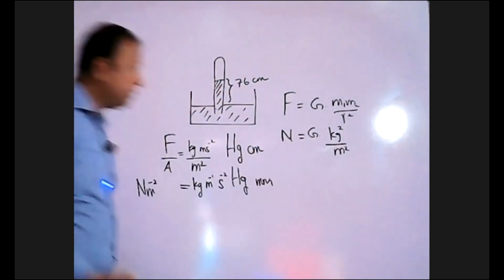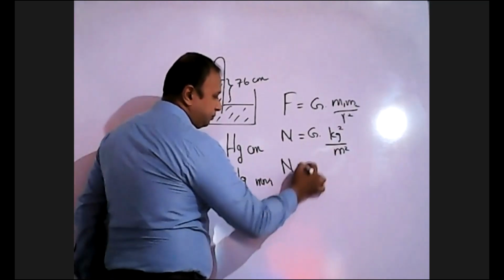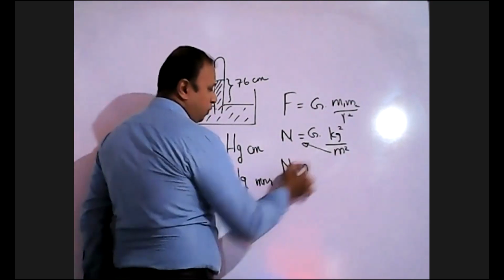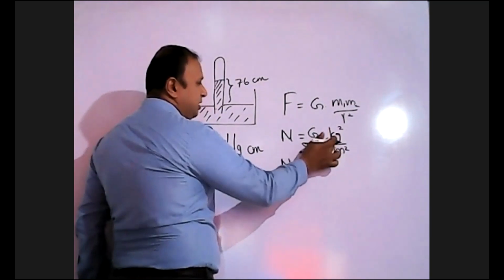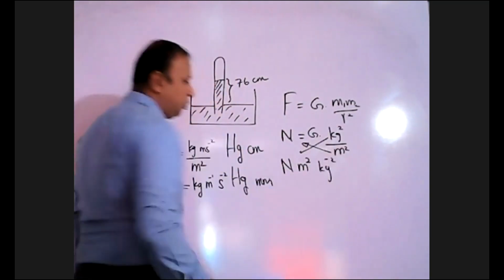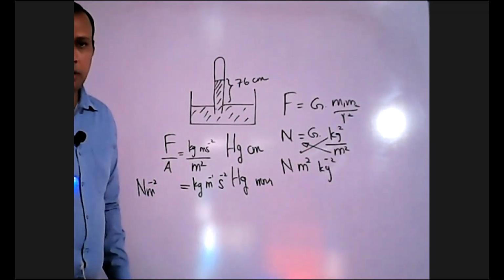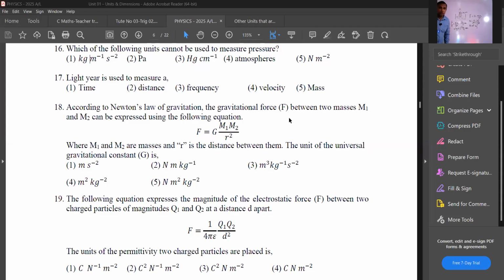If I make G the subject, I have to do cross multiplication. So G is Newton meter squared, and if I bring kg squared to this side, it becomes kg^-2. So there should be Newton, meter squared, and kg^-2. So the answer is answer number 5.